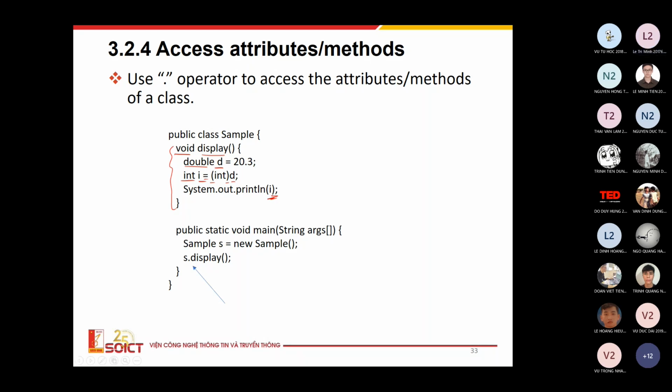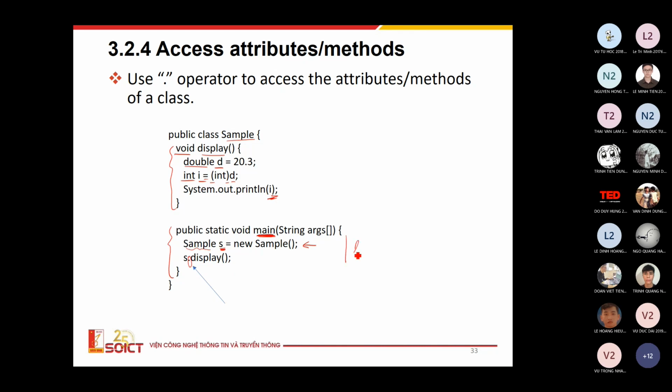And then we have another method in this class with the name main. And in this method, you have, for example, this command to declare an object as sample, and because this object is declared as the sample, when you want to access the display in this class, you use the point.